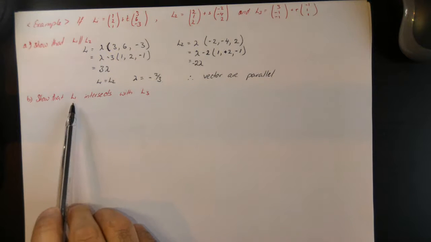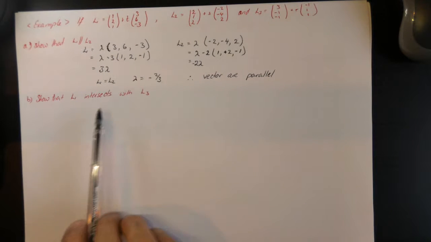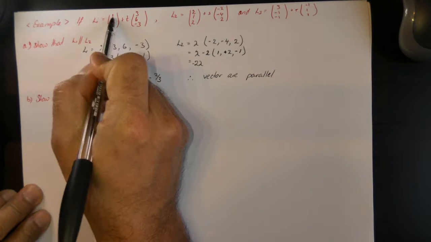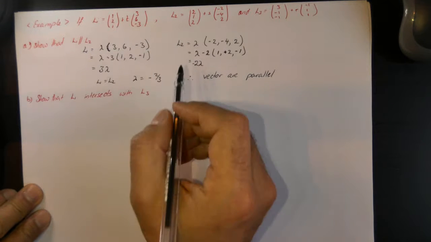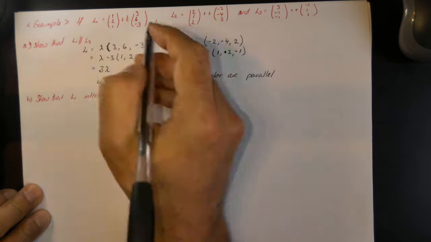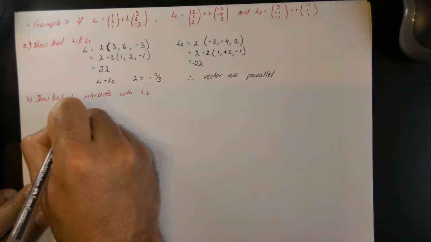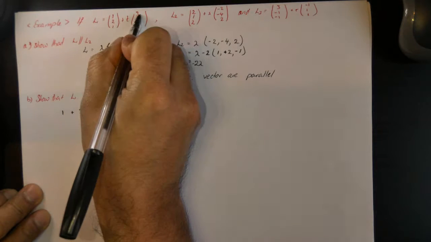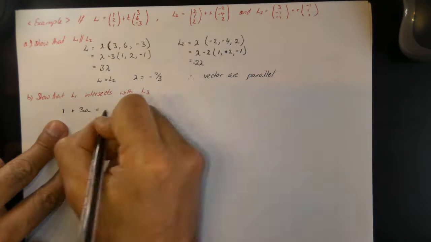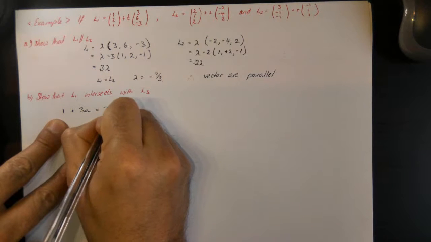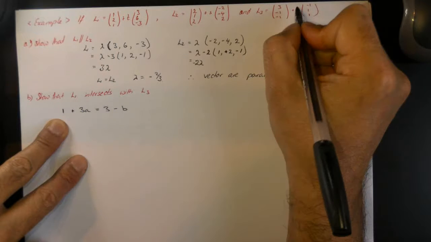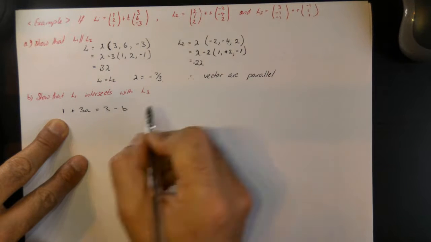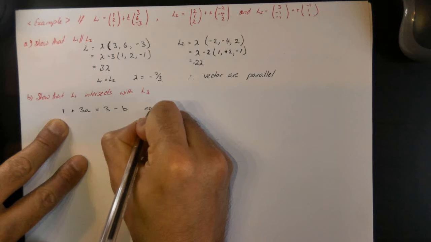Okay, we want to show that line 1 intersects with line 3. The way to do this is we're going to write the equations and match each part. So let's say 1 plus 3a, the top line, has to equal 3 minus b. We'll call that equation 1.